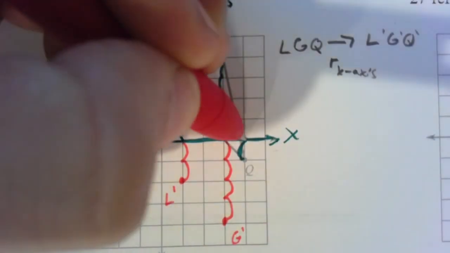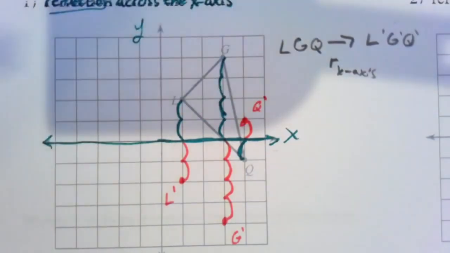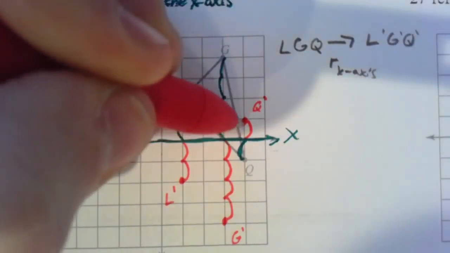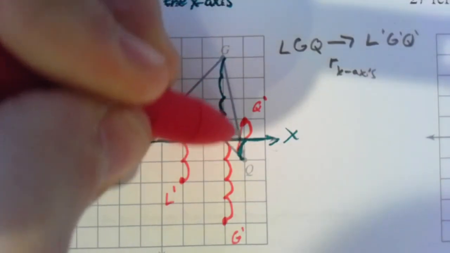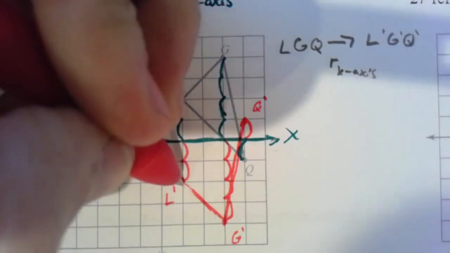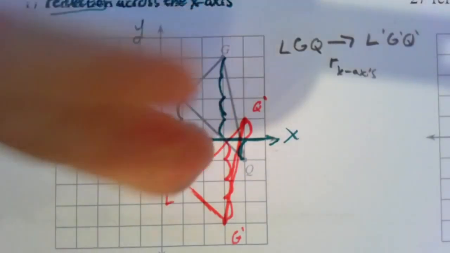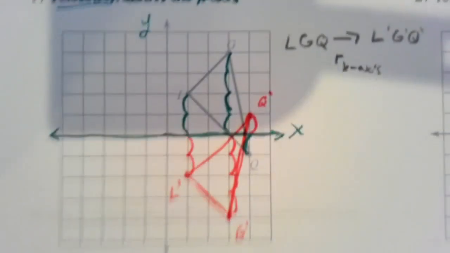I'm going to go 1 above it, and this will be the point Q prime. And if you connect these 3 points, you should have a shape that is a reflection of what we started with. And look, it looks like I've got this, and it just flipped over to become that over there.